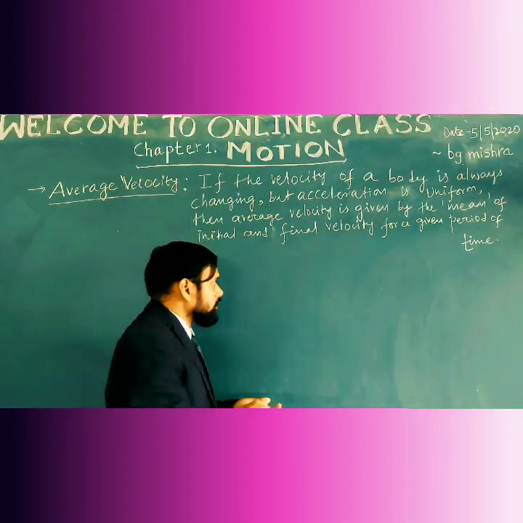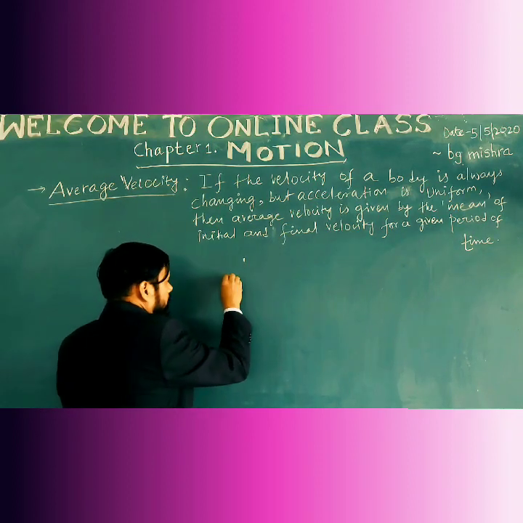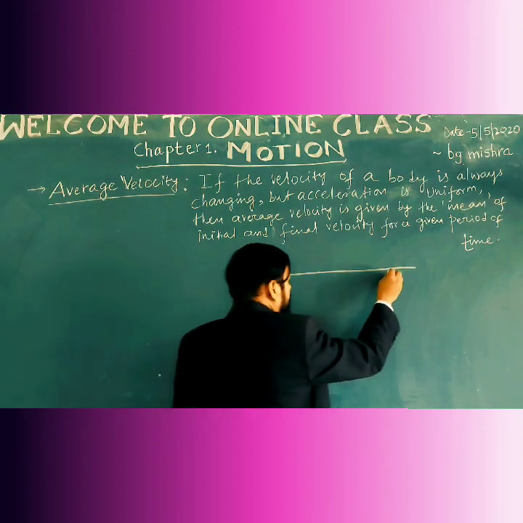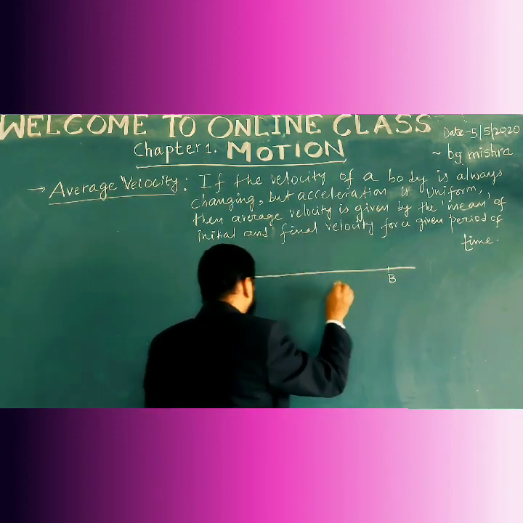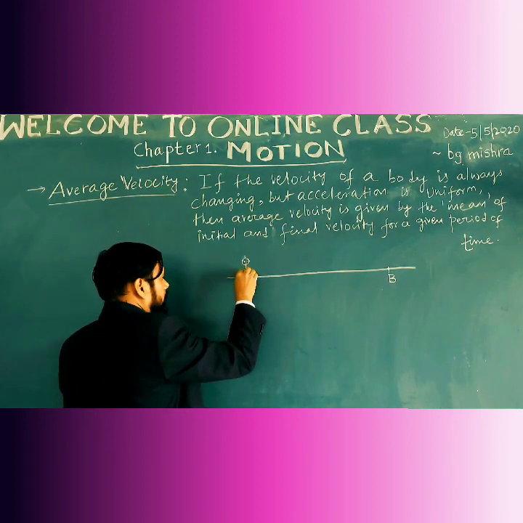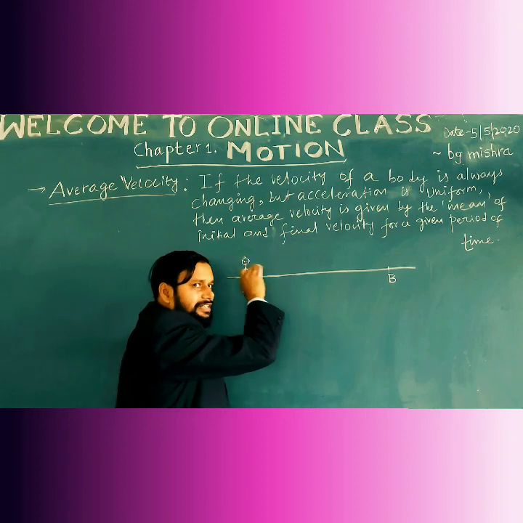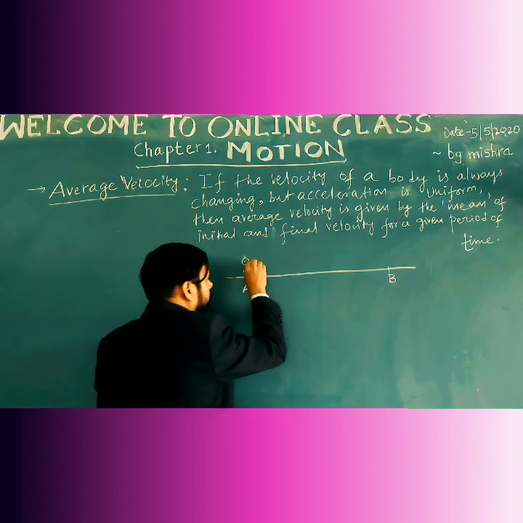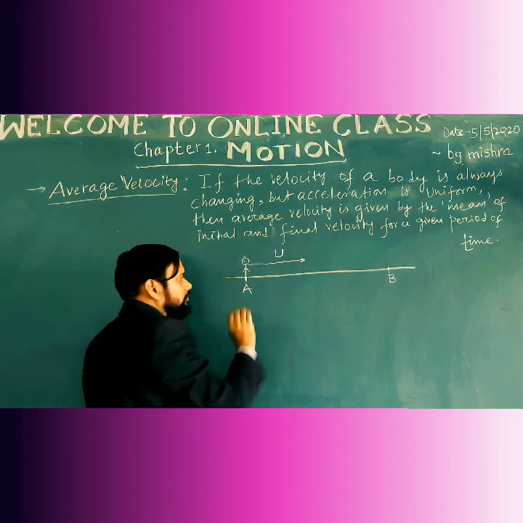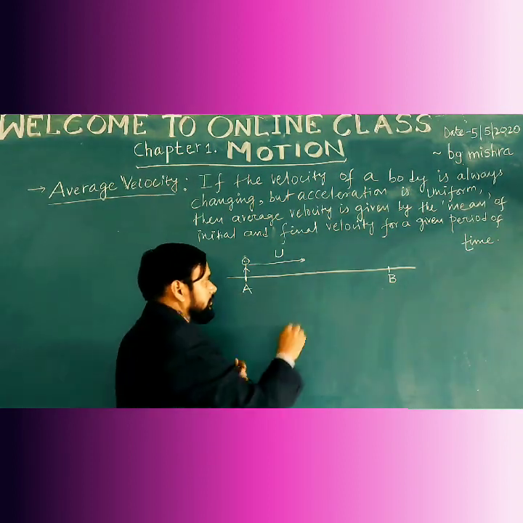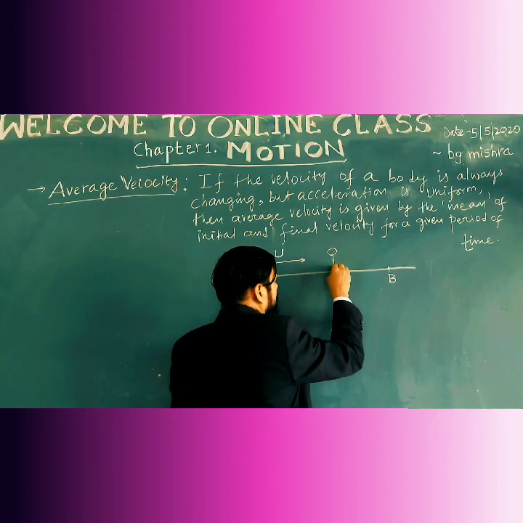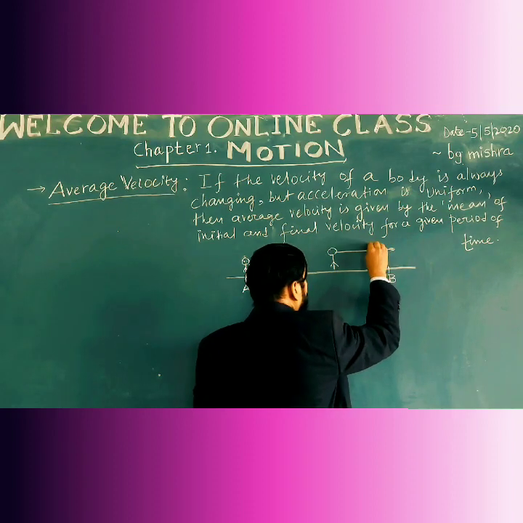That means, suppose this is position A and this is position B. From position A a person has started moving, and his initial velocity is u, and after some time he changes his velocity, and now he is moving with final velocity of v.